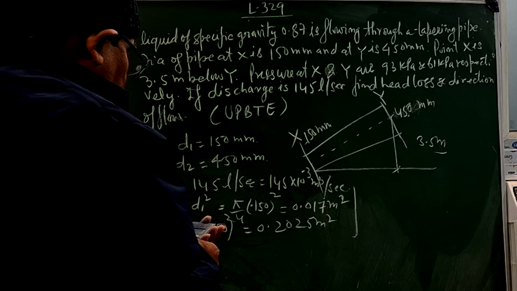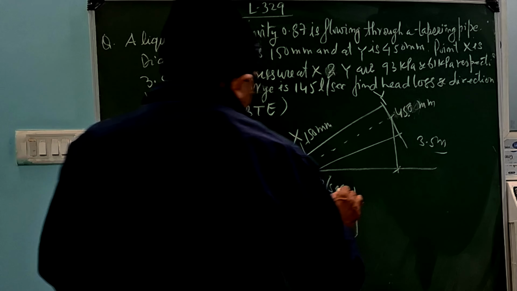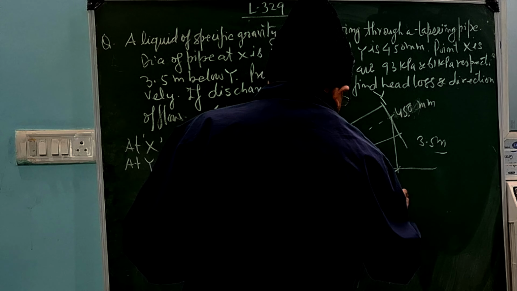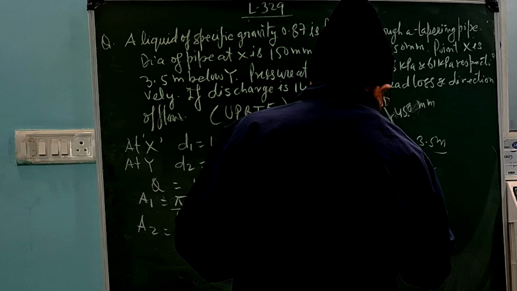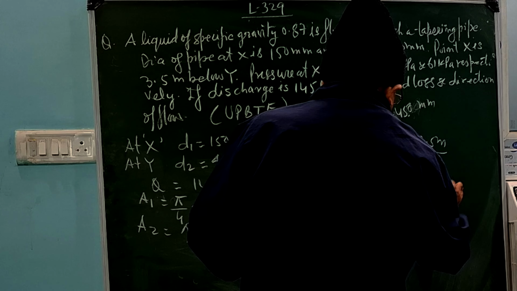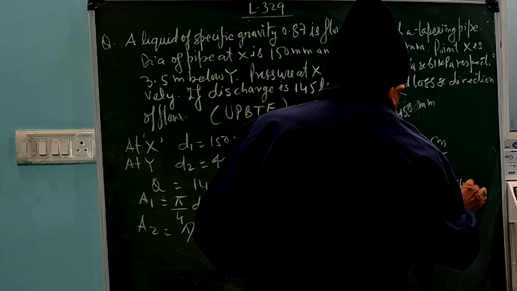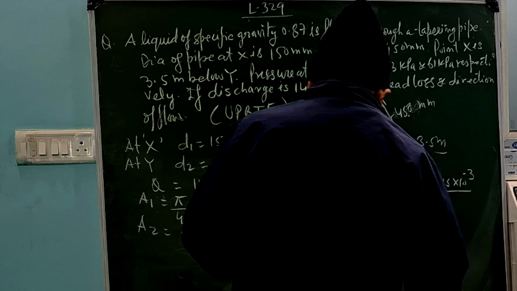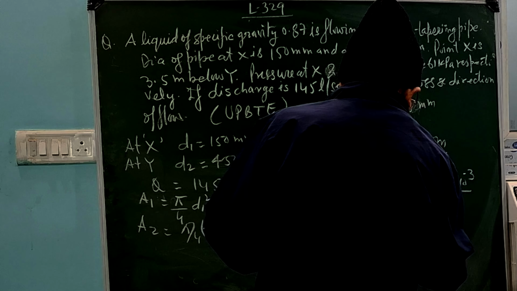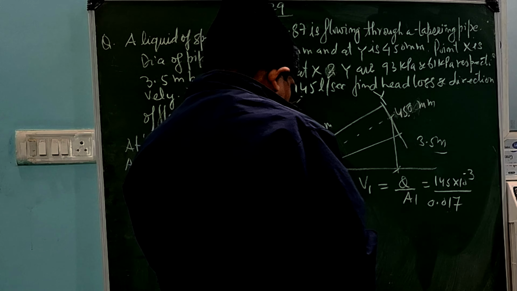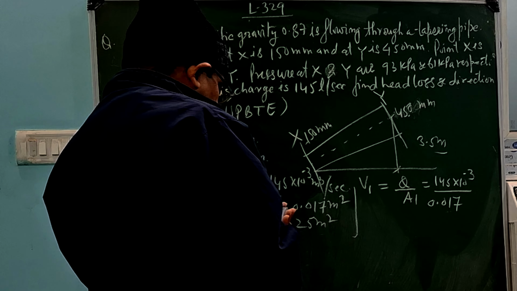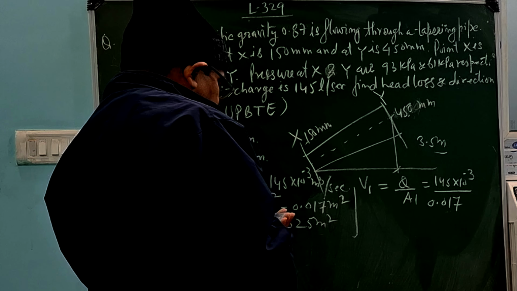So what is Q? You can find out V1 and V2. V1 equals to Q by A1 equals to 145 into 10⁻³ divided by 0.017. So this will be 145 divided by 0.017.